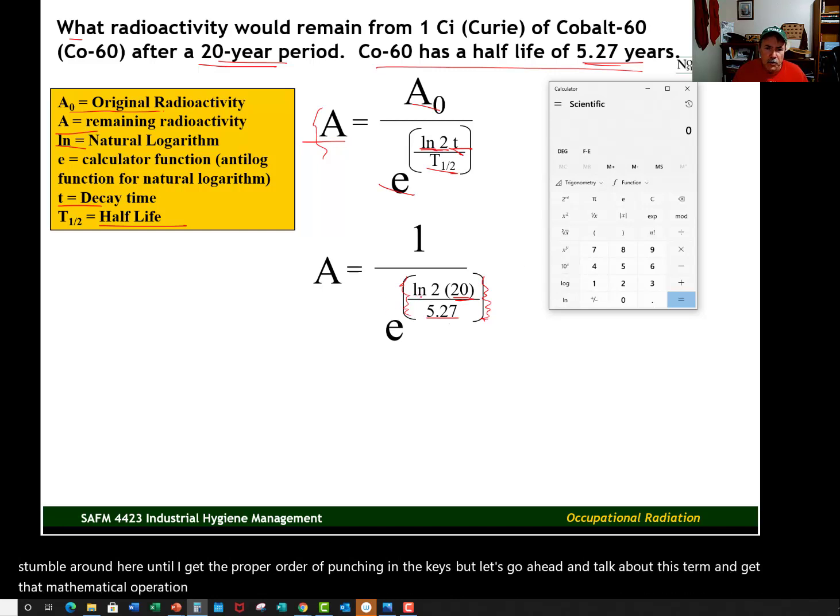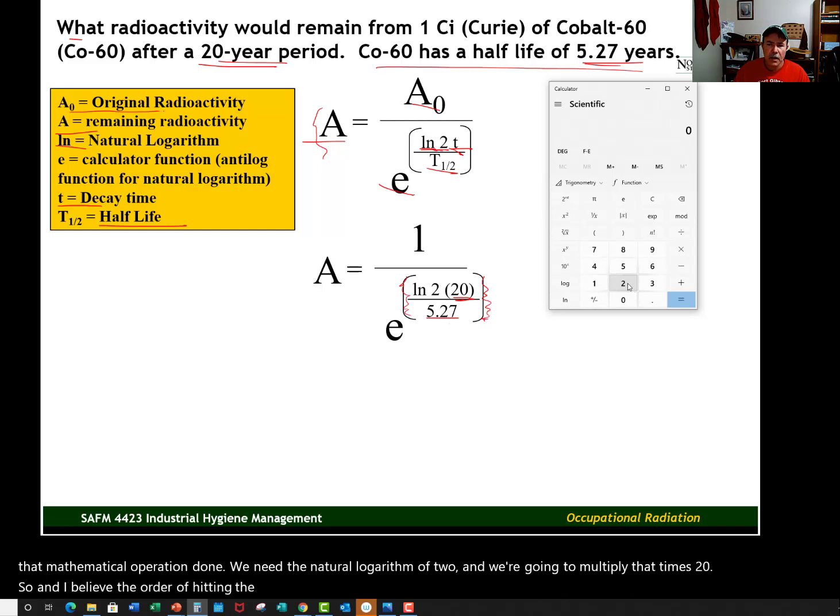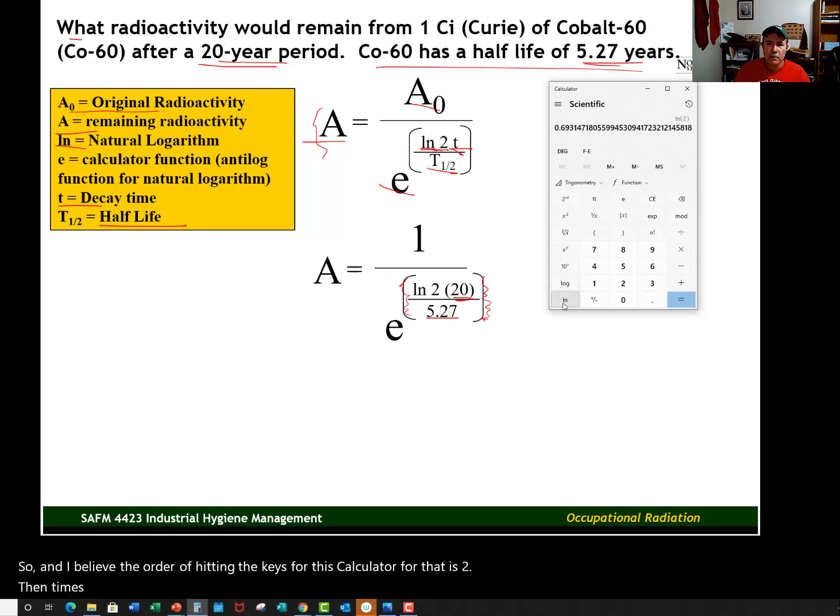We need the natural logarithm of 2, and we're going to multiply that times 20. I believe the order of hitting the keys for this calculator is 2, then ln for natural logarithm. Then you multiply that times 20.